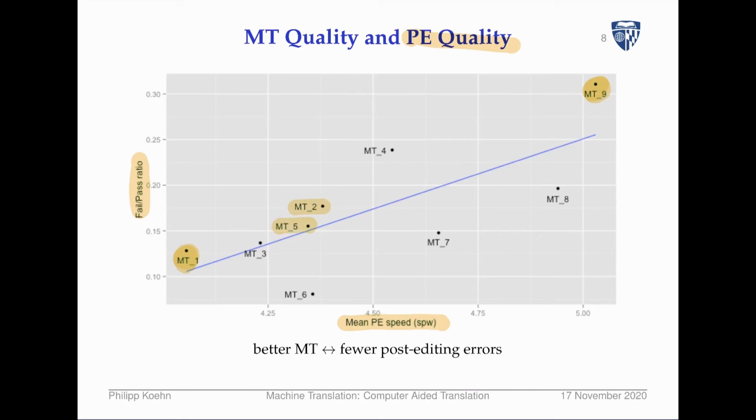MT2 was a system where translators were somewhat slower than with MT5, but they also made more mistakes. So it's not quite how we would expect it. They don't quite line up as expected.